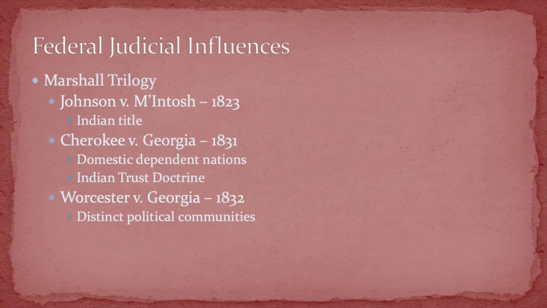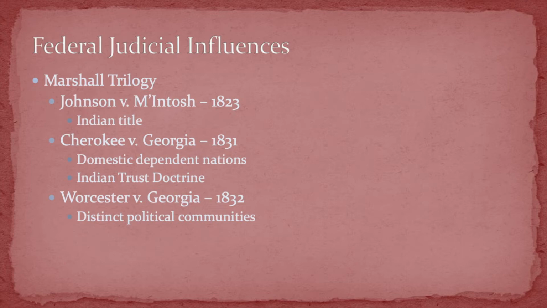It's important to note that during this time, there were lots of federal judicial influences as well. So this is when the Marshall Trilogy, and you'll hear that term all of the time if you study Indian law. The Marshall Trilogy, they were all decided within 9 years of each other. First, we had Johnson v. McIntosh. So Johnson v. McIntosh is sometimes studied in Indian law classes, but every law student that studies in the United States actually studies that case in property.